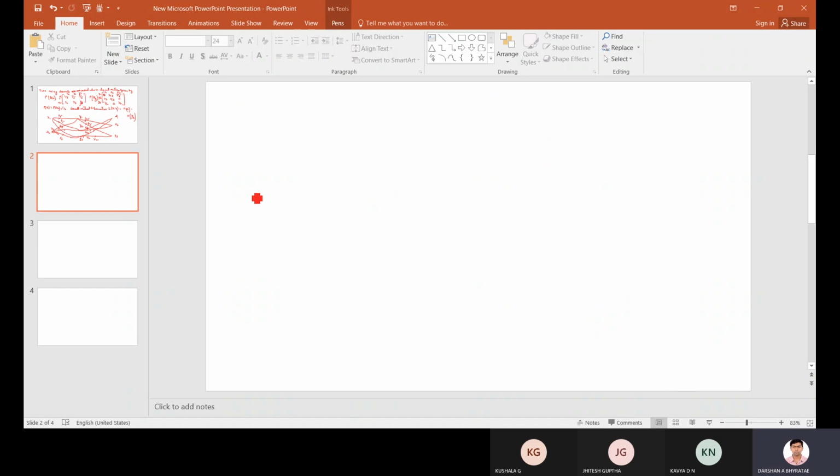Let me draw a simple diagram to understand. This is my x1, and wherever it is connected, this is y1 and this is z1.